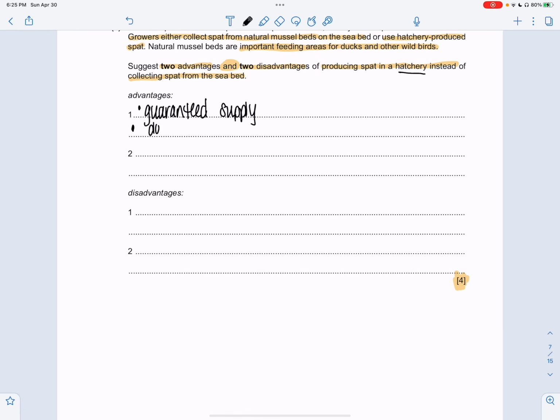This doesn't decrease the food supply for seabirds, as they referenced, or wild birds. You can also say the spat is protected from adverse weather. But wait, there's more.